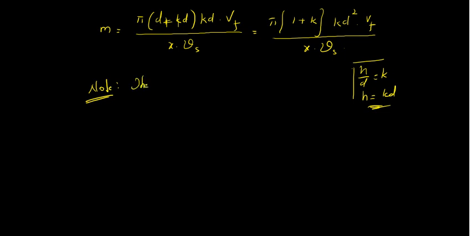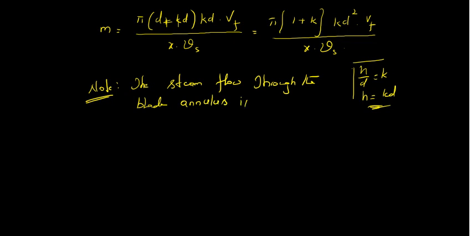The steam flow through the nozzle. We use the term through the nozzle, therefore we will call it the annulus. The annulus is incomplete, that is, not full.